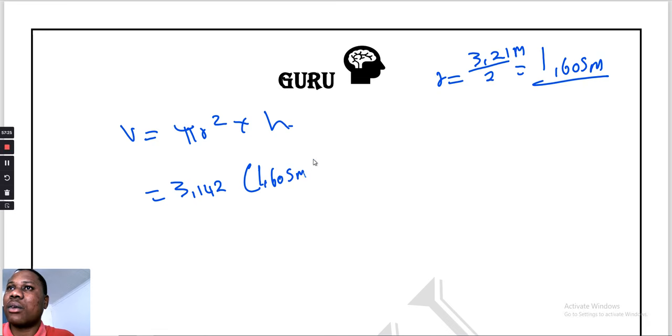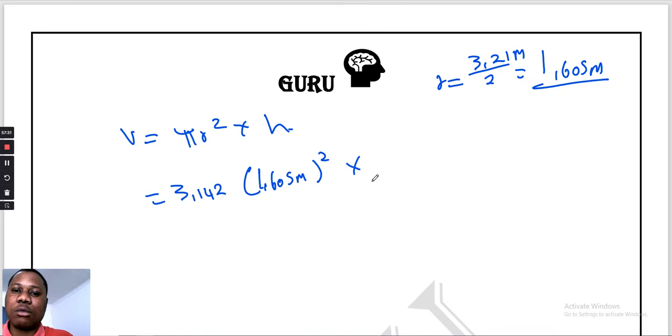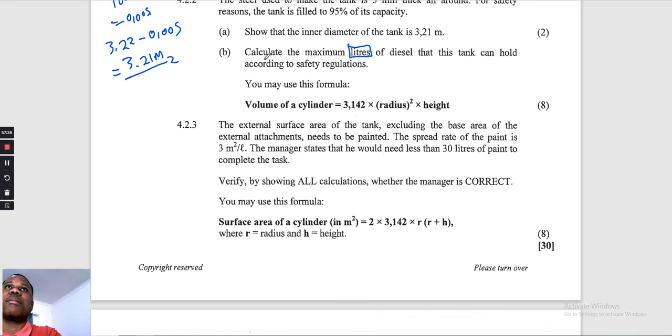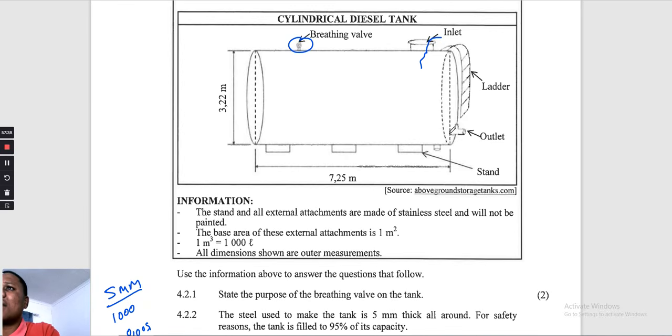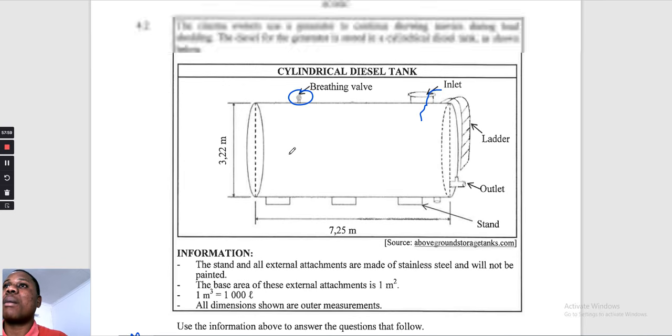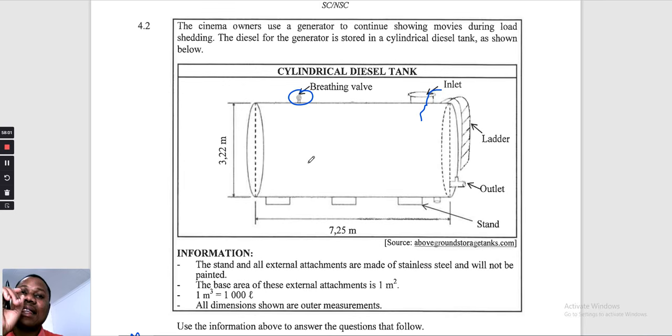Okay, so here you're going to substitute 1,605 meters, then to the power 2, multiplied by our height. How much is our height? Our height was given as 7,25. But now we're going to remember one thing again, the thickness.